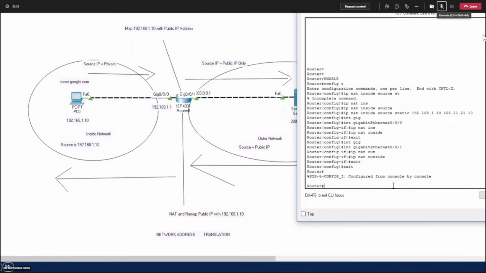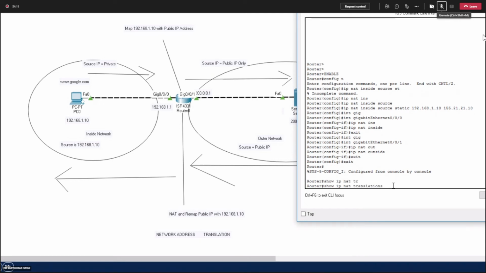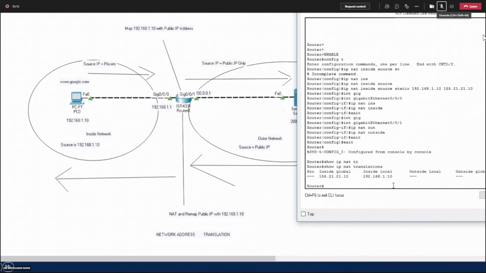Now let me show you what we have configured. You have to switch to the privilege mode and then type this command, show ip nat translation. So, space ip space nat space translation.